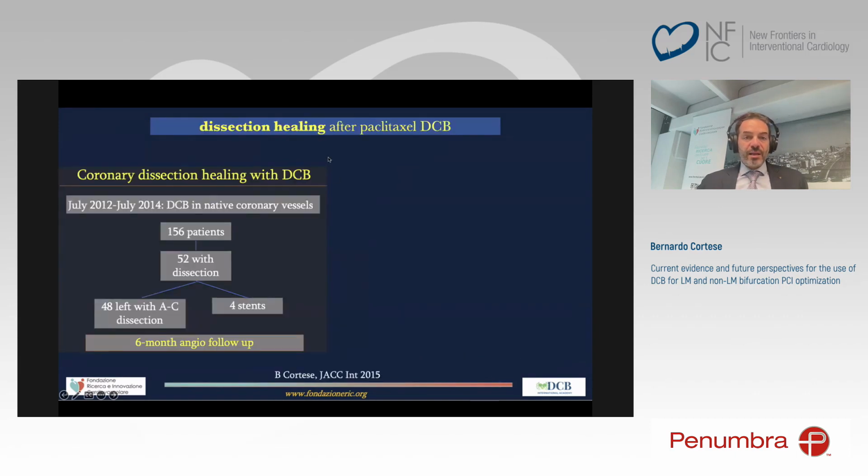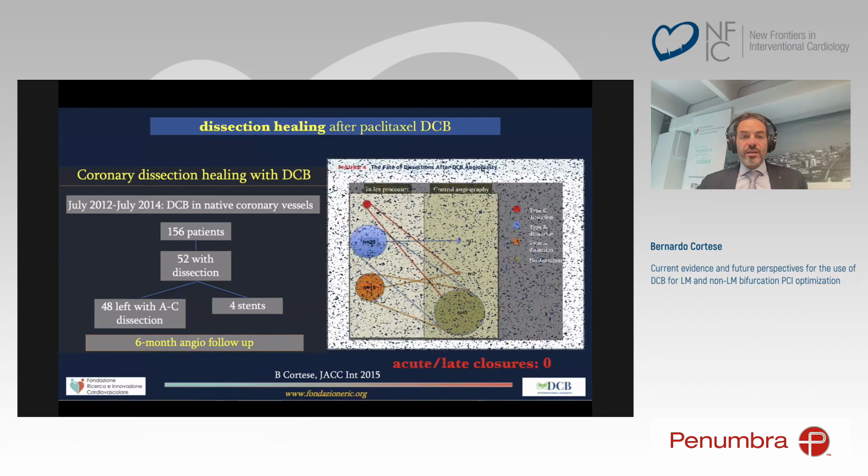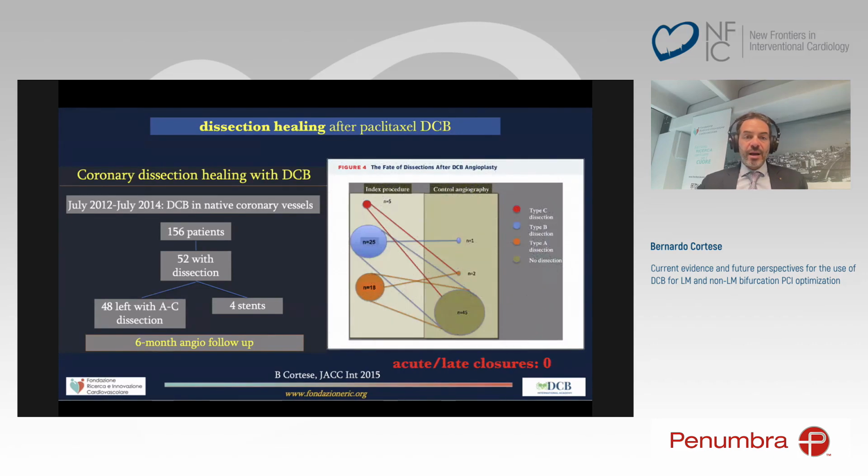And 8 years ago, we showed how leaving a dissection after DCB angioplasty is absolutely safe if we leave a type A or type B, few type C, with a good TIMI 3 flow, because in the vast majority of cases during control angiography the dissection does heal, and we had 0 cases of acute or late closure during the 1-year follow-up after dissections left.